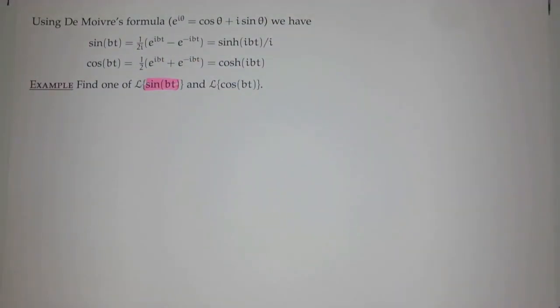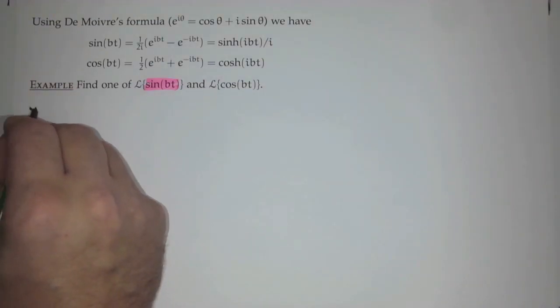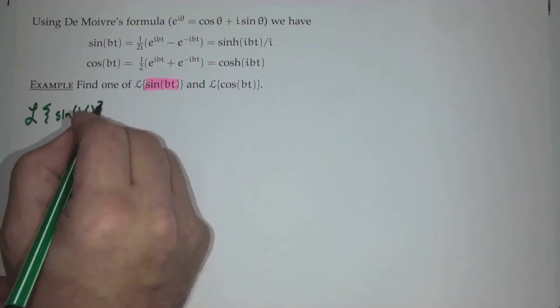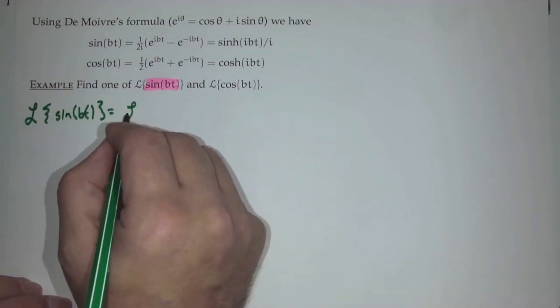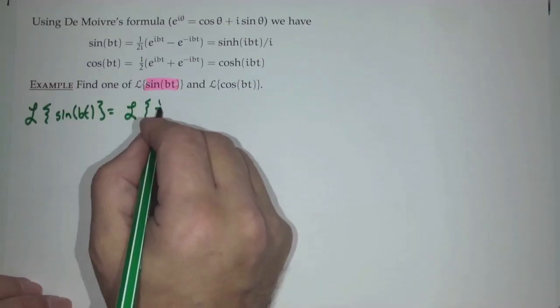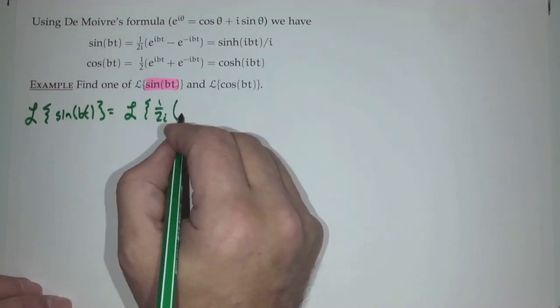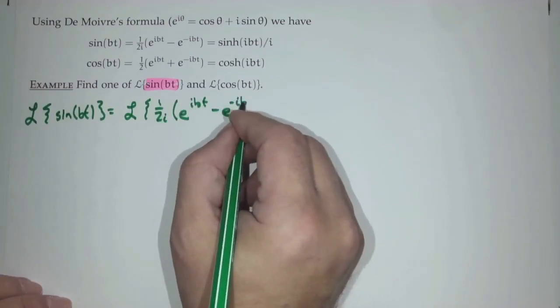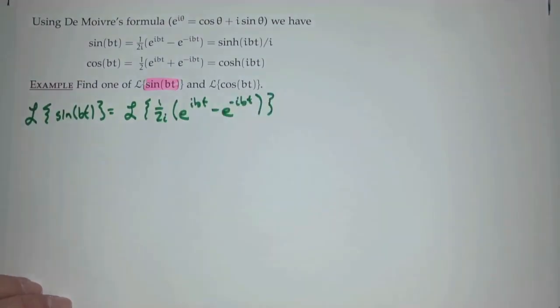All right, so we're going to figure this out. The question is, what can we say using de Moivre's formula? We're going to go a little bit quick here. So according to this, the Laplace transform of 1 over 2i times e to the i bt subtract e to the minus i bt, I'm just replacing what sine is.